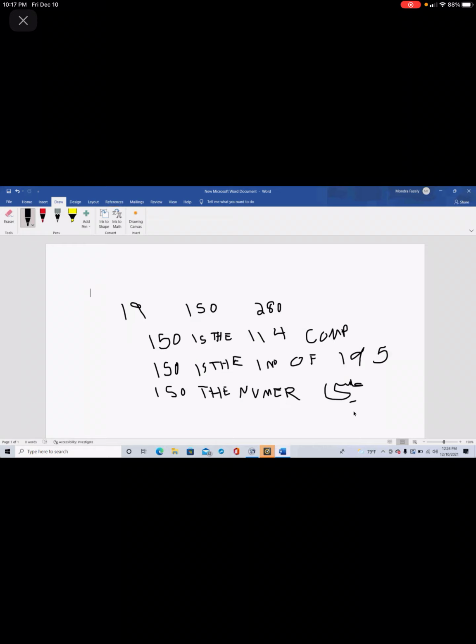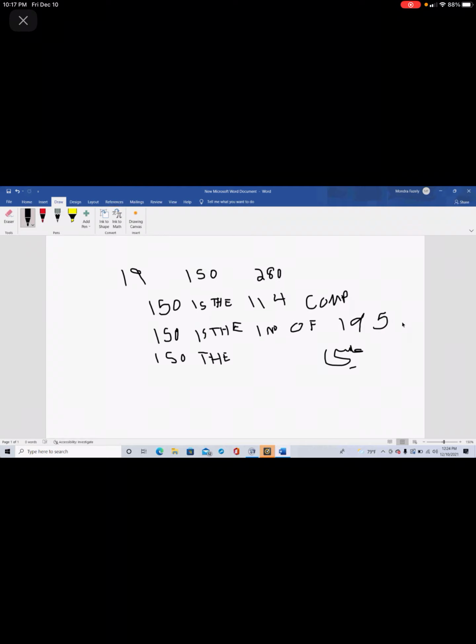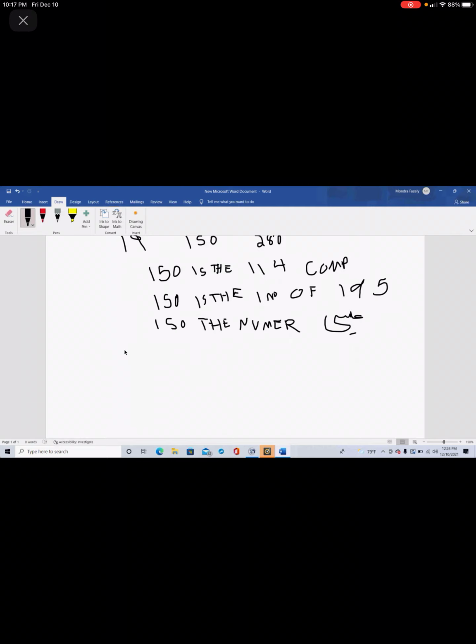Okay? This is amazing. None of this should work this way. But it does. Okay? Now, if I multiply 19 by 280, which is the 19th quint prime, I'm going to get a number which is 5320.